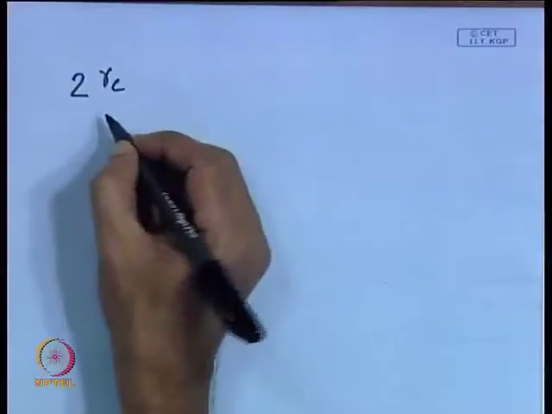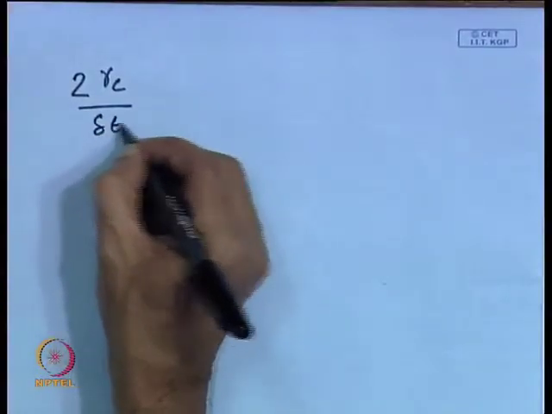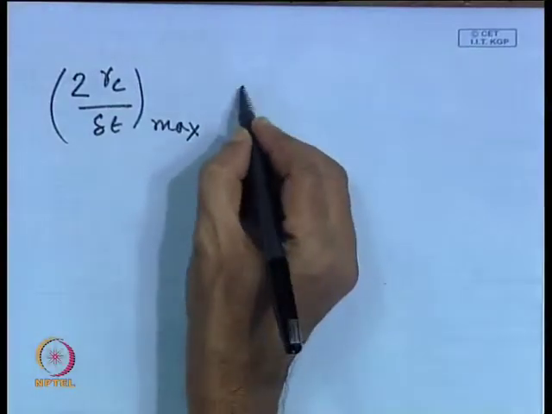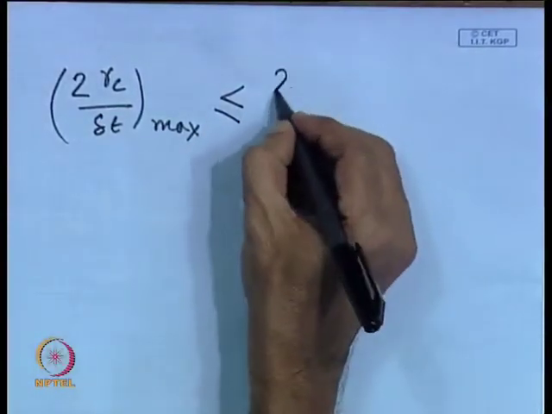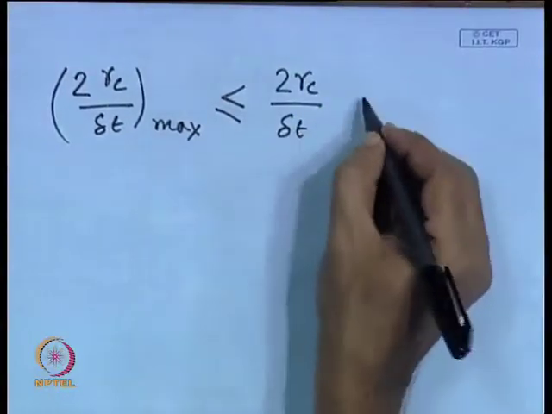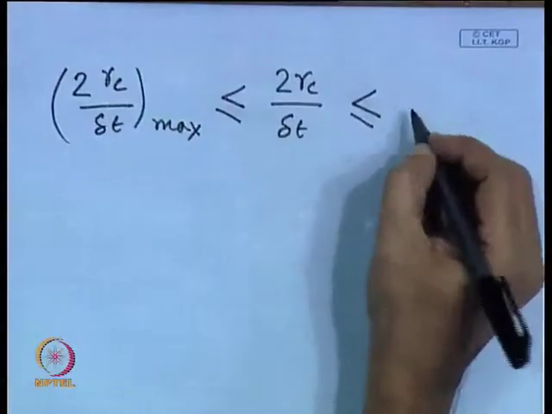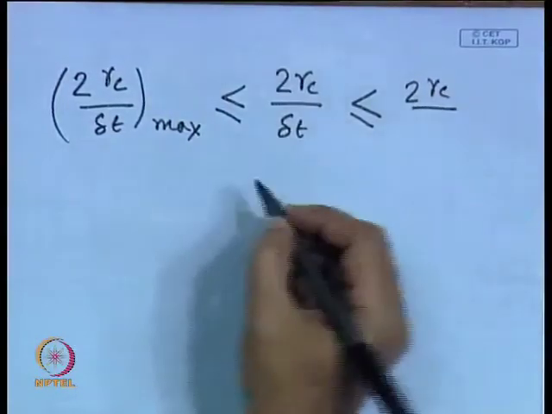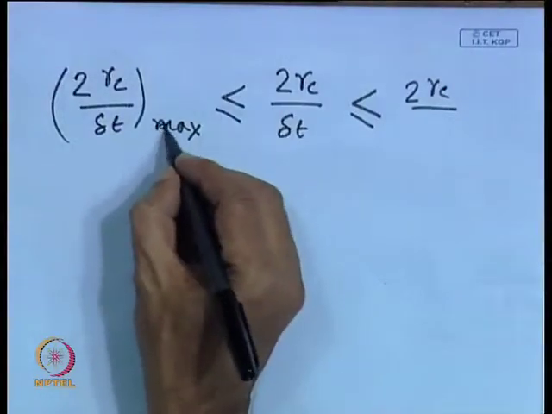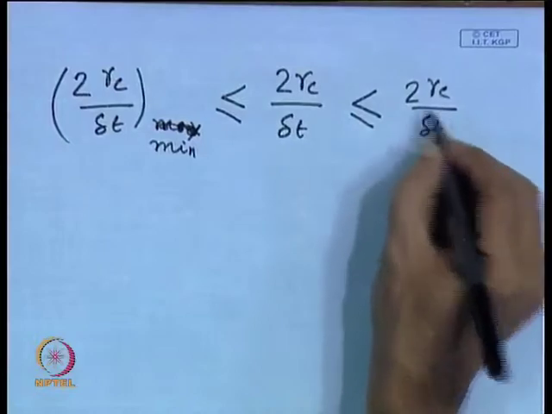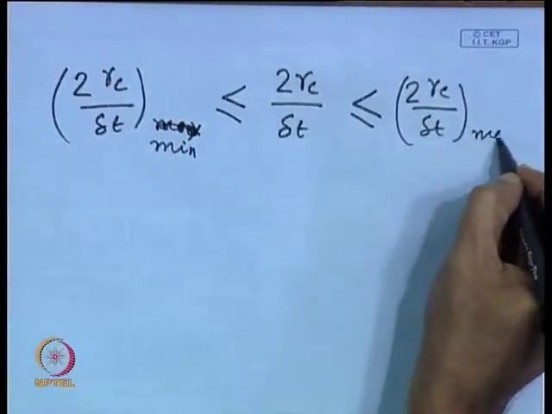We will have a situation 2 R c by delta T, there will be a maximum value, this is a typical value of the vapor nucleus and this is your 2 R C. Actually, this is minimum, sorry, this is minimum delta T maximum.